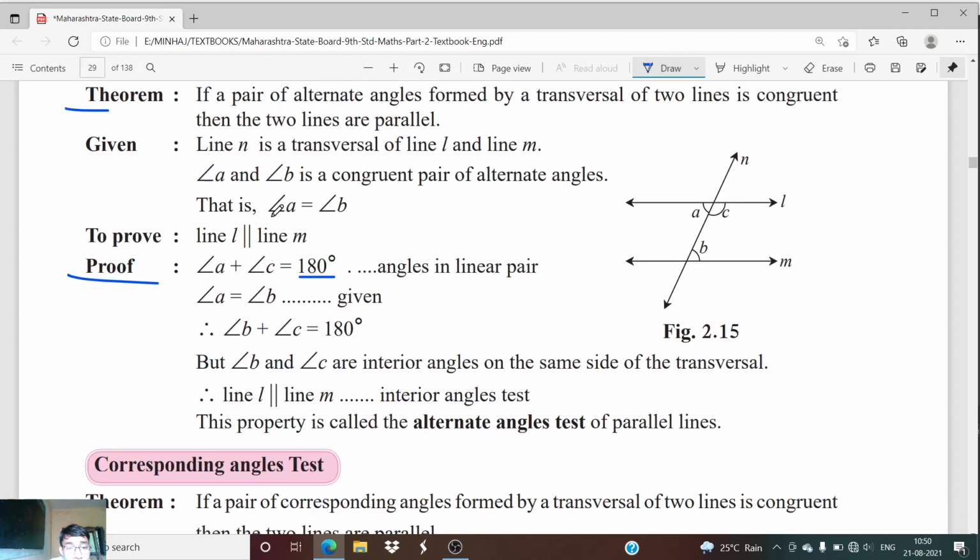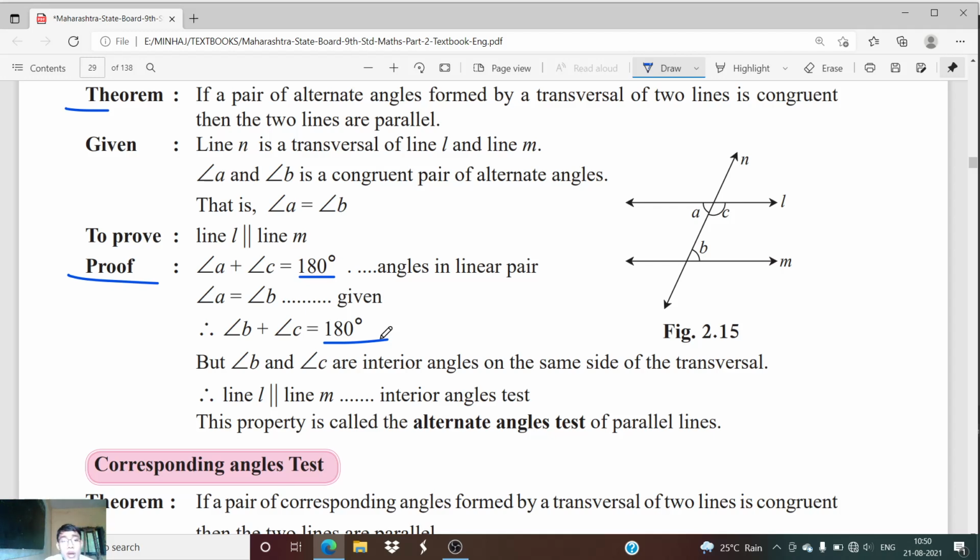Now from the given, we know that angle A is equal to angle B. So in this equation I can write angle B in place of angle A, and I have got angle B plus angle C is equal to 180 degrees.